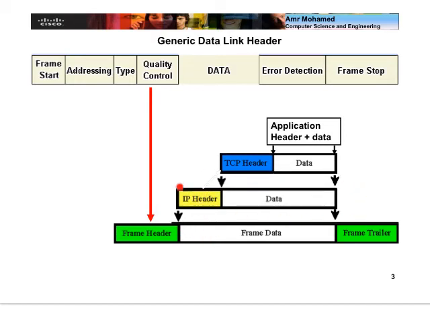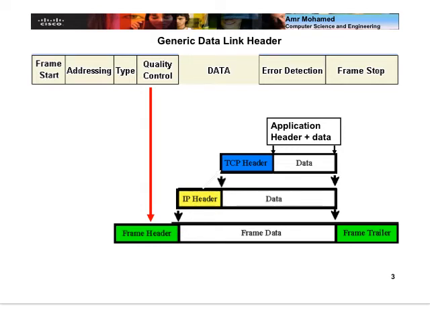The upper layer is the IP, and this gets encapsulated into a frame: data, header and trailer. The data link layer is the only layer that has a trailer in addition to the header. Okay, this is the only exception. Other than that, we always talked about only a header but no trailer, right?